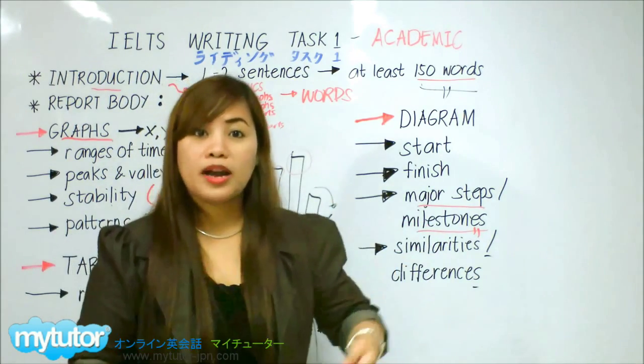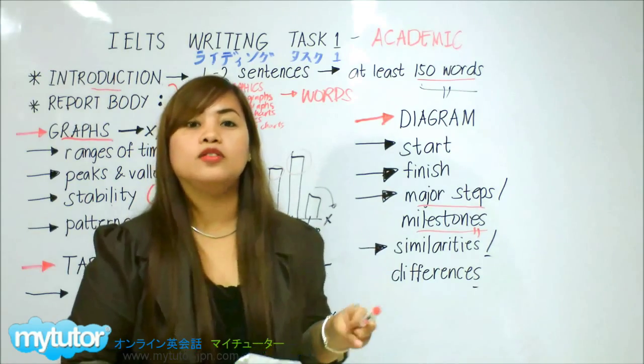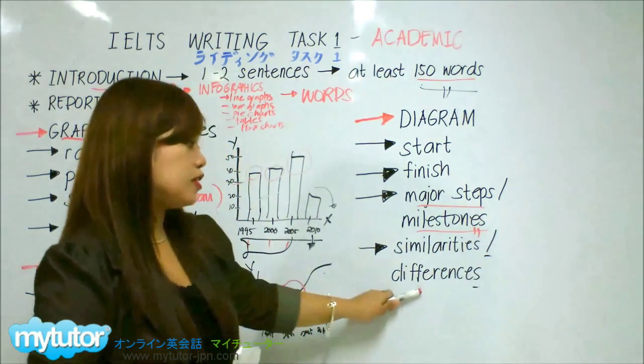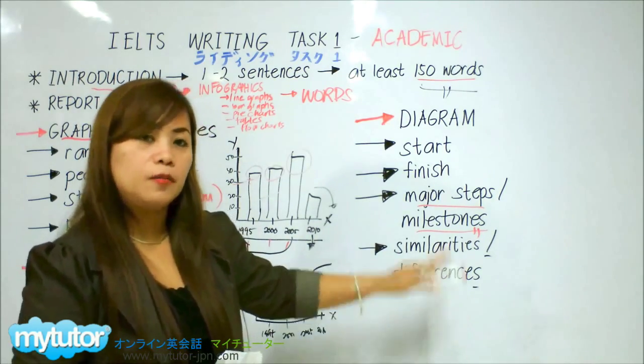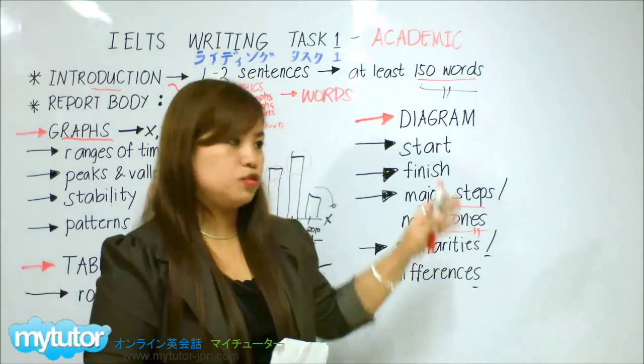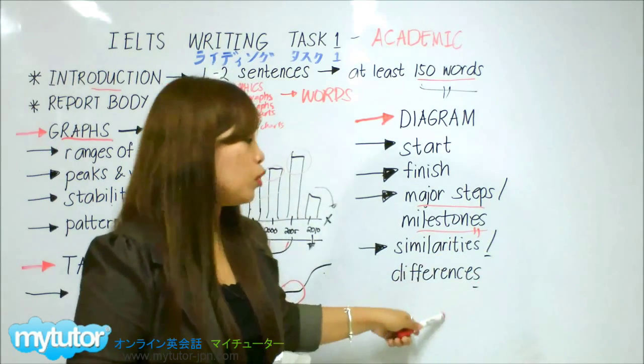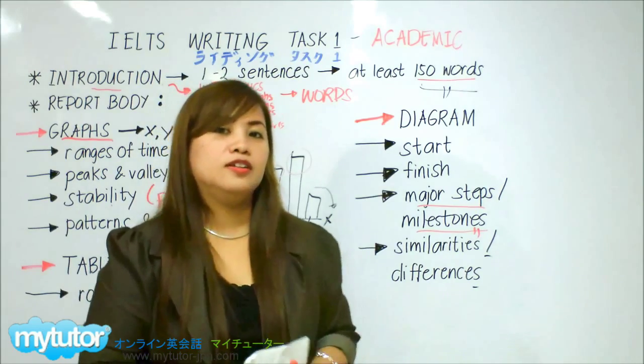So you write about it. And take note, you summarize. You don't have to write every year that happened. And the differences, this is maybe the year that is really low or out of the pattern. So you write more details about the differences.